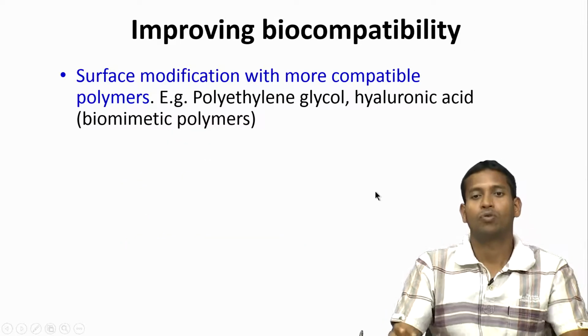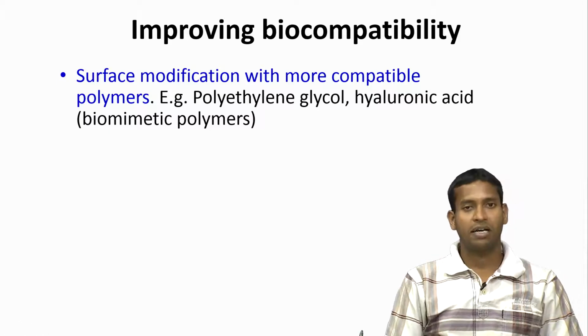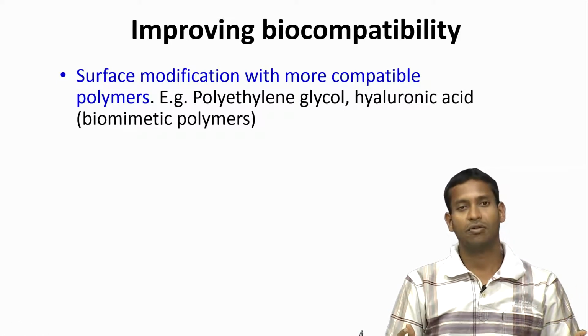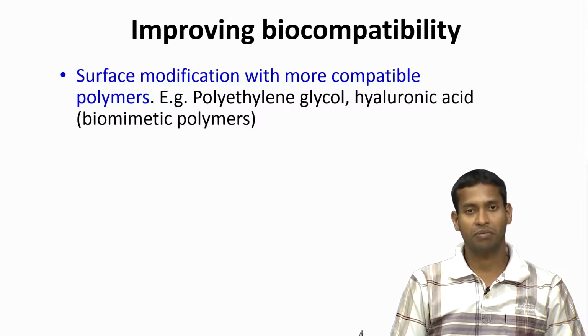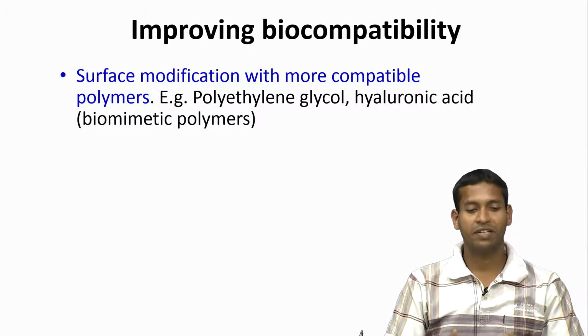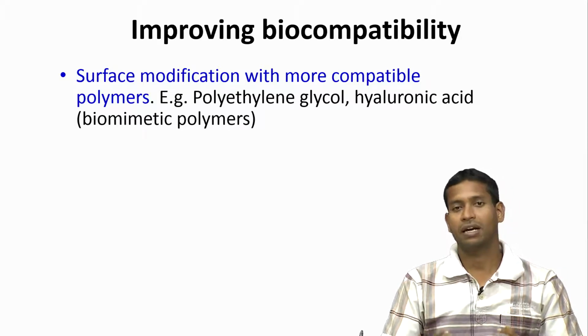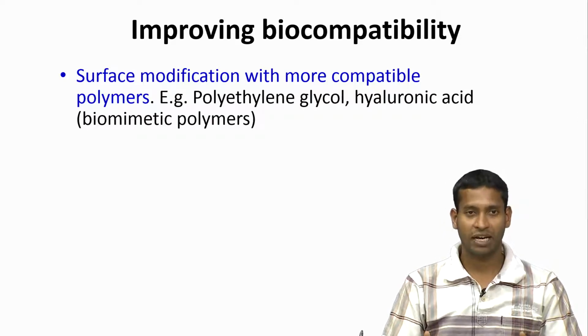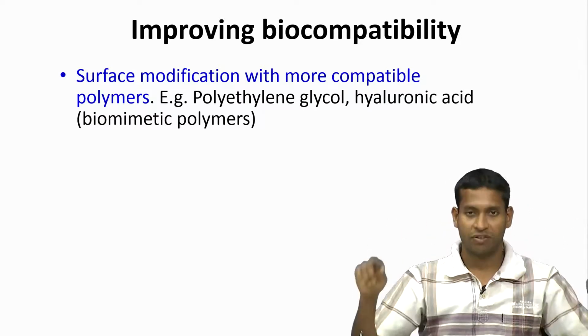And let us say you want to use a material that is not really biocompatible, what would you do? So, there are strategies out there which will help you make it more compatible than it is, and so you can modify it with some surface. You can take a highly biocompatible polymer such as polyethylene glycol or hyaluronic acid and just coat it on the surface.